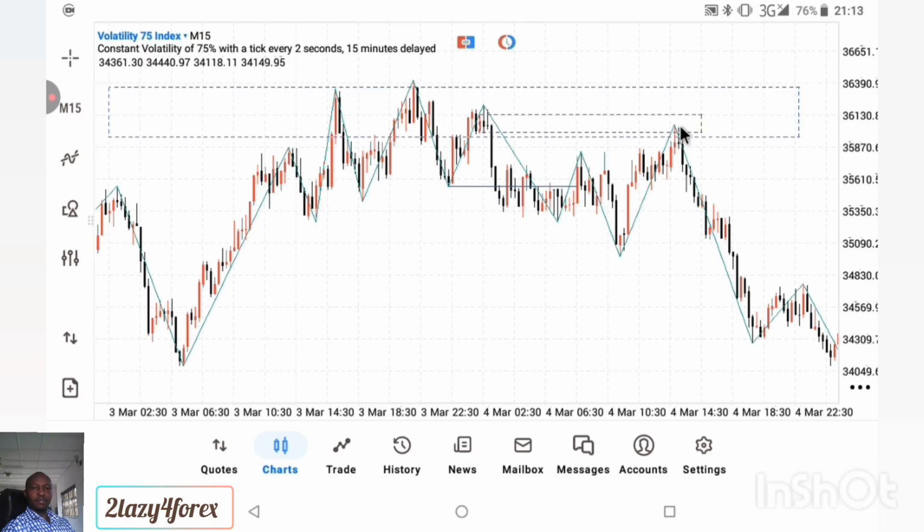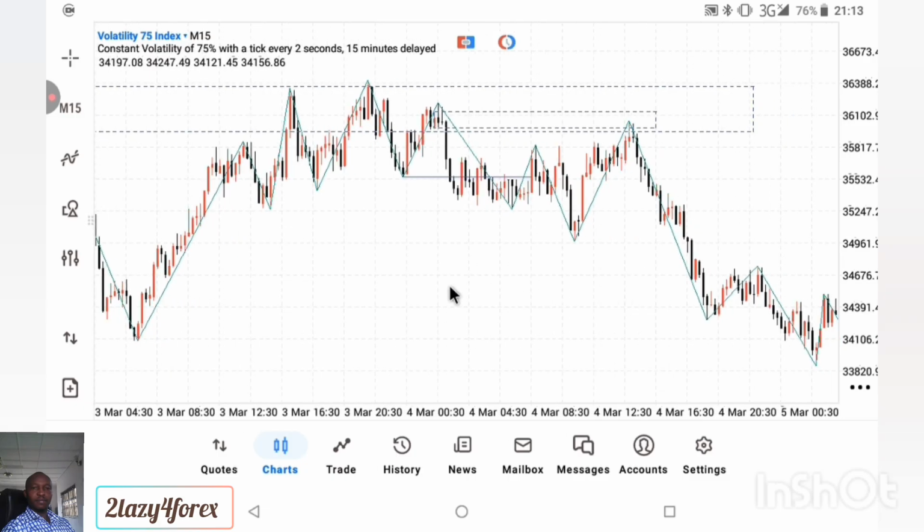Price came there. Look at the sniper entry and sell. So if you have a strategy based on resistance and the other one, you would have gotten your sniper entry sell from here, and it didn't go up after this, and it works.